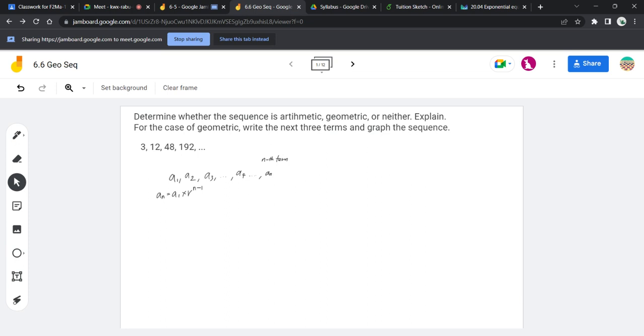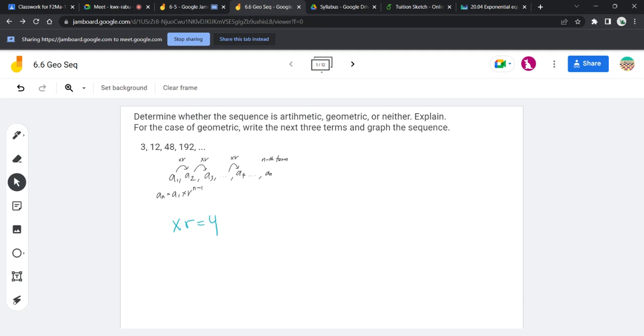Okay, so that means from the second term, the relation between the second term and the first term is that we multiply by a number, or we say a ratio r. So each term we multiply by r, and we multiply by r.